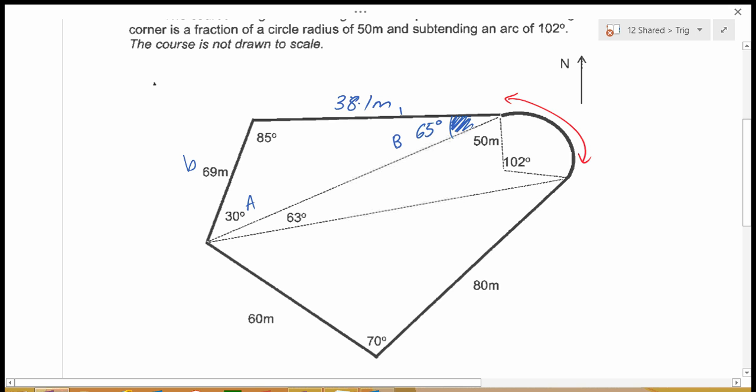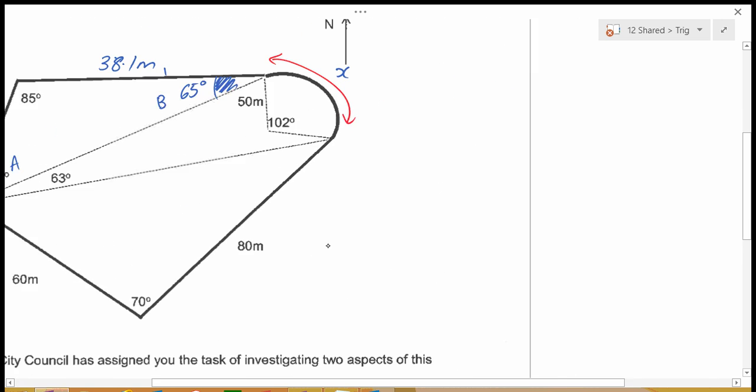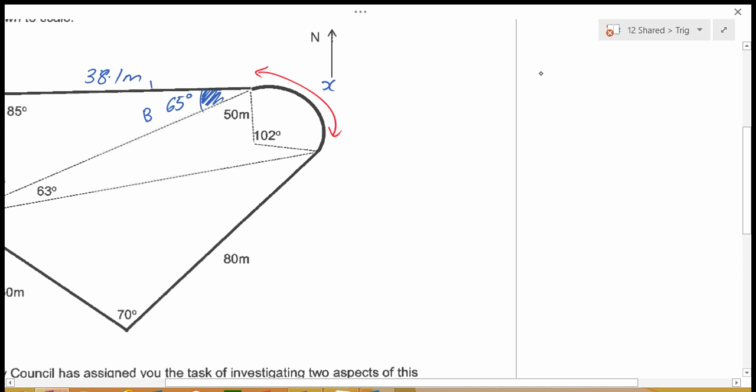Now we need to find that curved length, and that's part of a circle, so I'll call that x. The circumference of a circle is 2 pi r, so for just an arc length, that's the angle divided by 360 times 2 pi r, which gives us the formula theta over 180 times pi r.